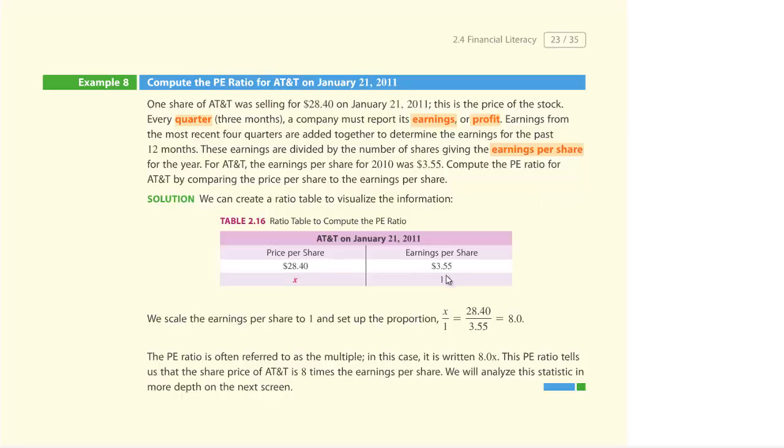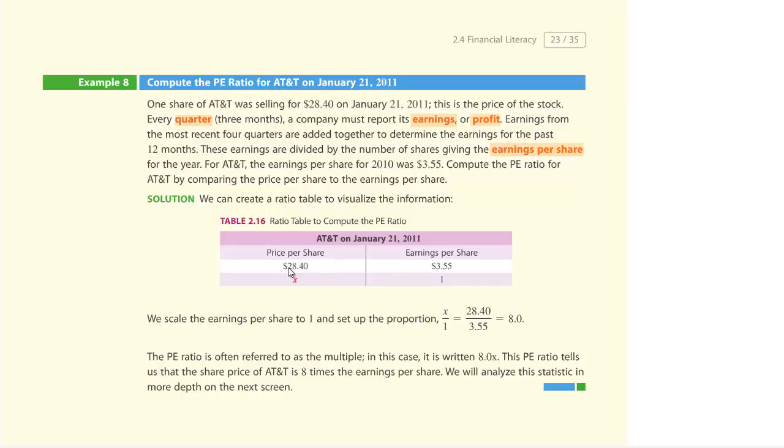So we can figure out that ratio by doing what we've been doing before: do this number over that number as a fraction, which is going to turn it into something over 1. So basically, if you just do the math and get the number, that's an 8 to 1. So price per share, if it's 8 to 1, means for every $8 in value of your share, it earned $1.